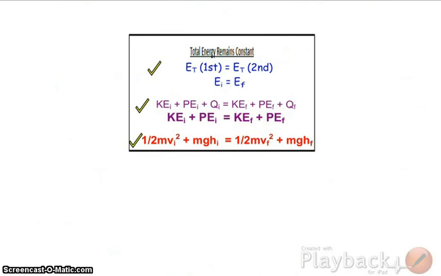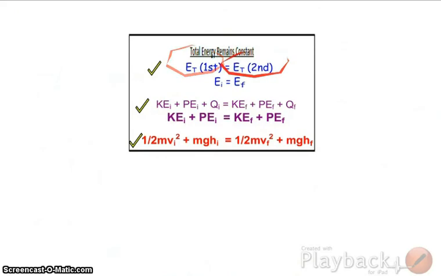Now let's break this down. If I told you that total energy remains constant, that means the energy in the first situation equals the energy in the second situation. Okay, so if I pick two things, the ball being thrown up, I pick when it leaves my hand to its maximum height. Two different spots.